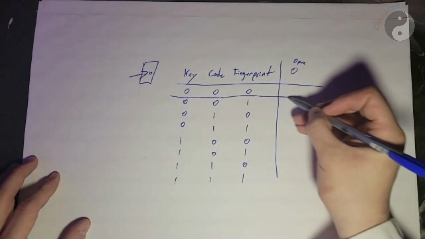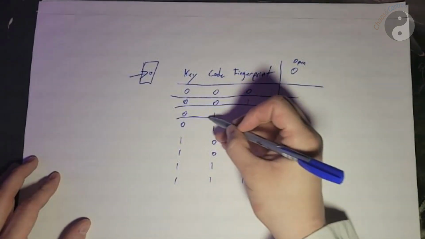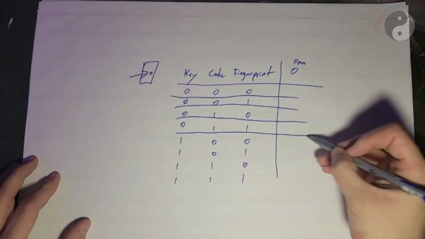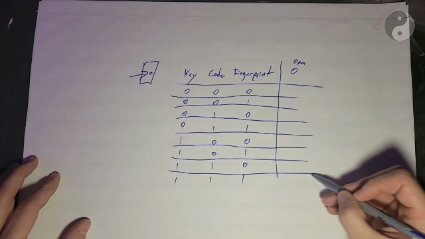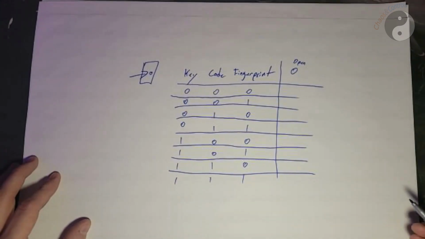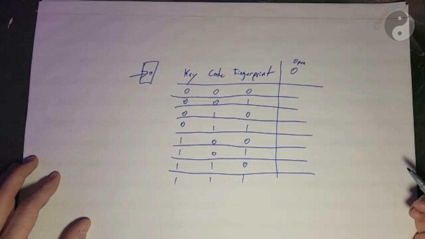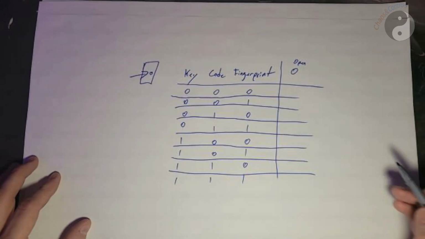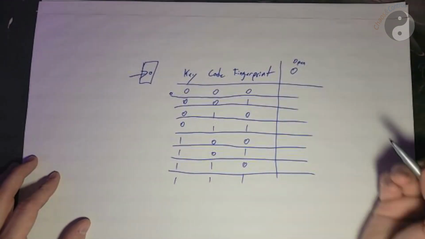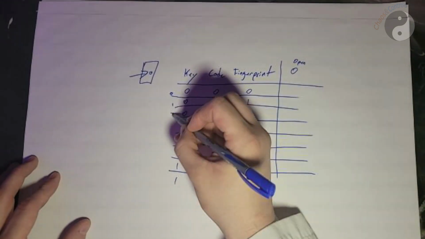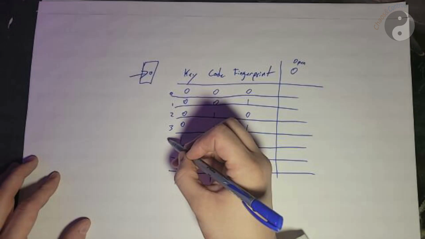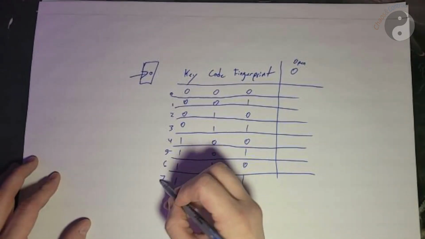Let me go ahead and draw in some lines. I have a true engineer and or doctor's handwriting, so please forgive that. And you'll notice the reason that I drew in this specific pattern, 0, 0, 0 in binary is 0, 1, 2, 3, 4, 5, 6, 7.